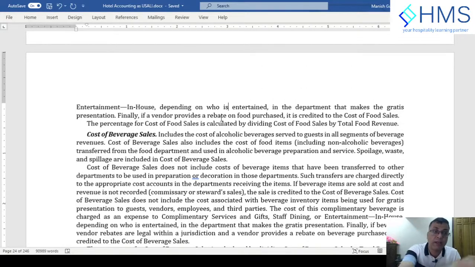So certain hotels practice it the other way around. Certain hotels treat the cost of such complimentary meals as a charge to the department as entertainment or as complimentary gifts and services. However, service recovery is always treated as an allowance from the revenue of the food and beverage department.